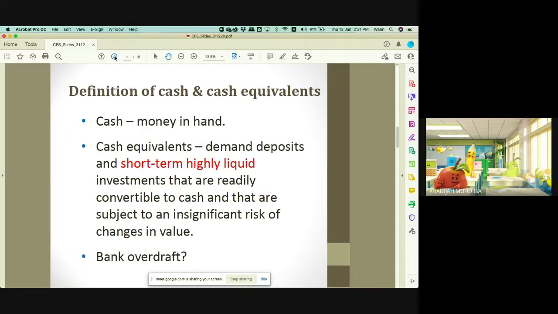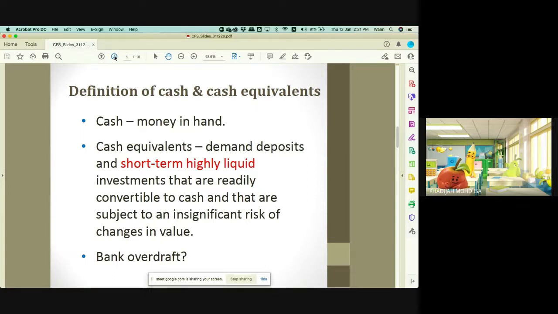When you talk about cash, you are talking about your money in hand. Cash here refers to cash in the form of cash, and also your money in the bank. Cash equivalents are demand deposits and short-term, highly liquid investments that are readily convertible to cash and subject to an insignificant risk of changes in value.